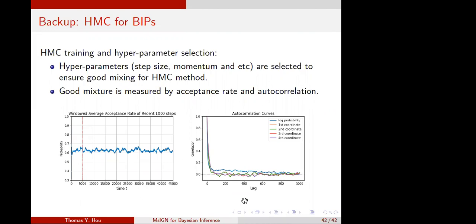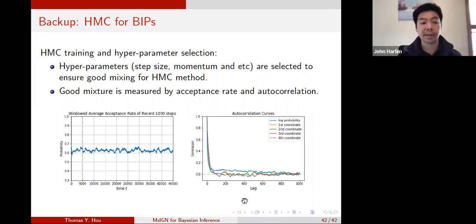So by design, it is naturally invertible, and the computation of the log determinant of the Jacobian is pretty much similar to a forward propagation. So basically, you should assume there's no extra cost for the Jacobian computation.